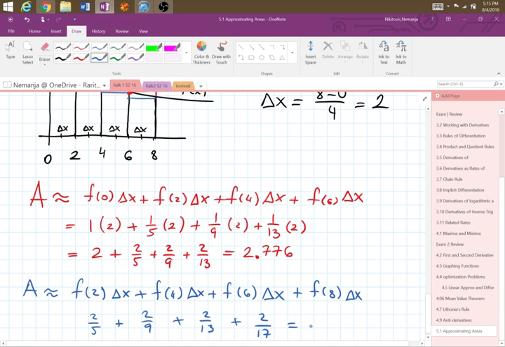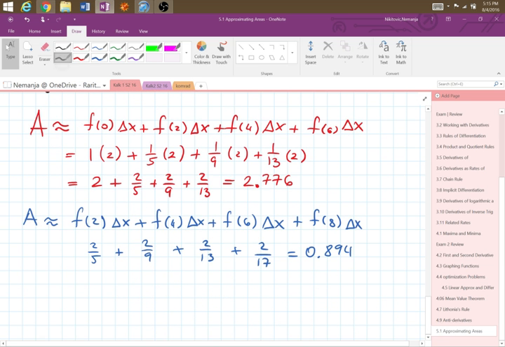And we get 0.894 if you round properly, and you just claim that the actual area is somewhere between 0.894 and 2.776. So technically about 2 units, the range of 2 units to compute this.